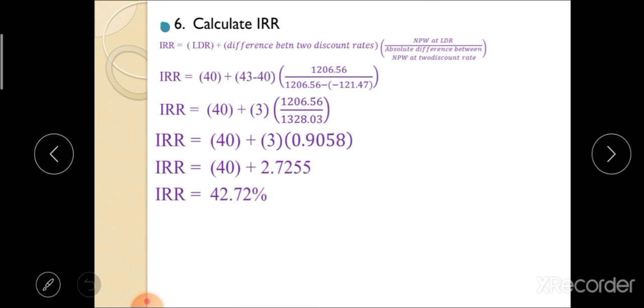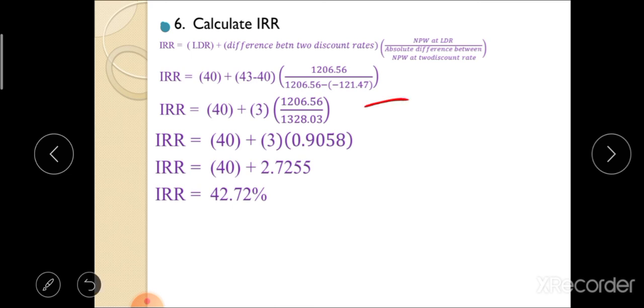You take the difference between these two discount rates in brackets, times NPW at LDR, that means NPW at the 40% discount rate, which is 1206.56, divided by the absolute difference between NPW of the two discount rates, that is 1206.56 minus, in brackets, minus 1 to 1.47.